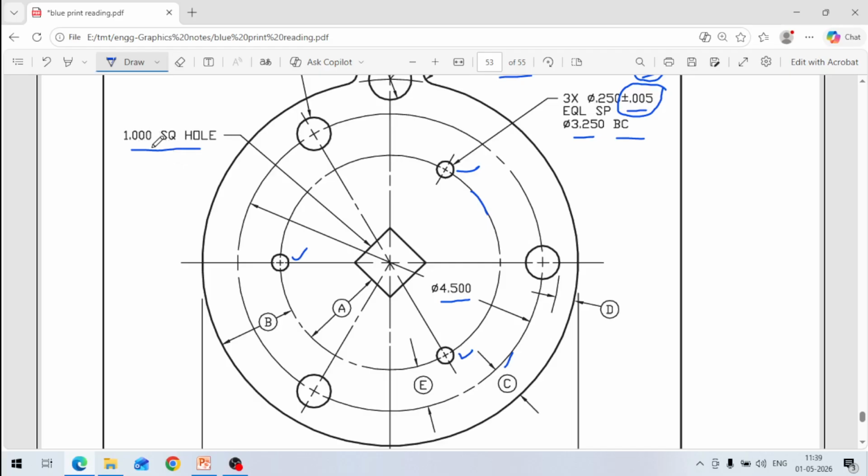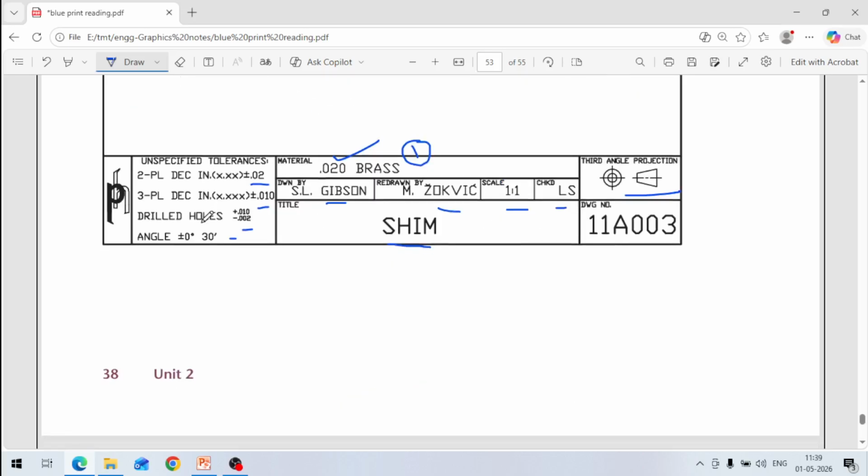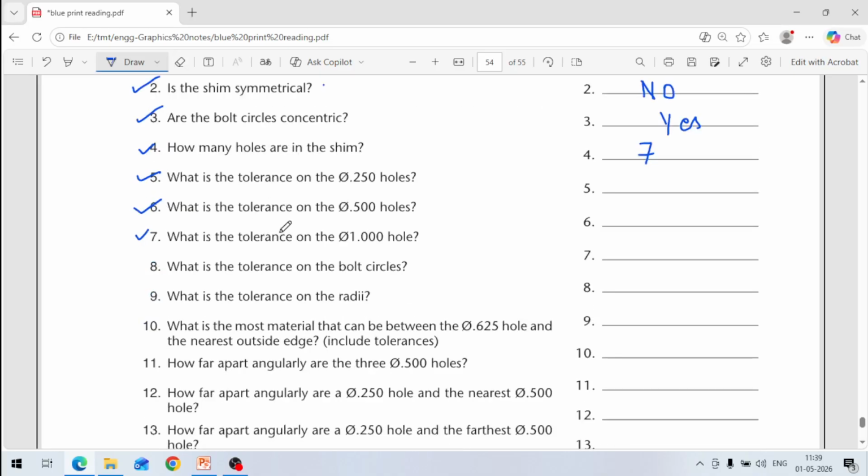Because it is in 3 digits, the 3 place tolerance given here is plus minus 0.010. How much is the tolerance? For question 7, it is plus minus 0.010 inch. This is the tolerance.